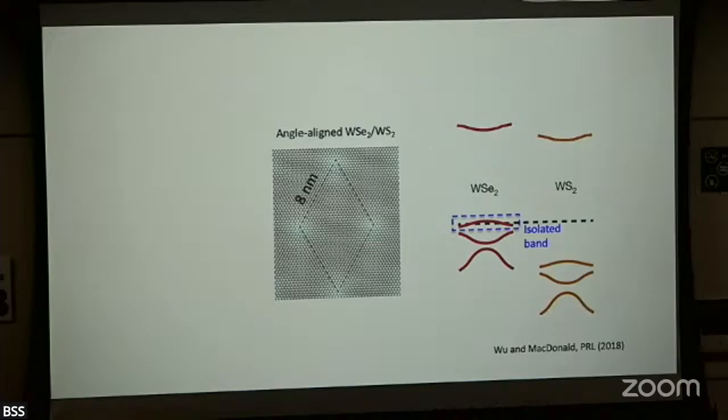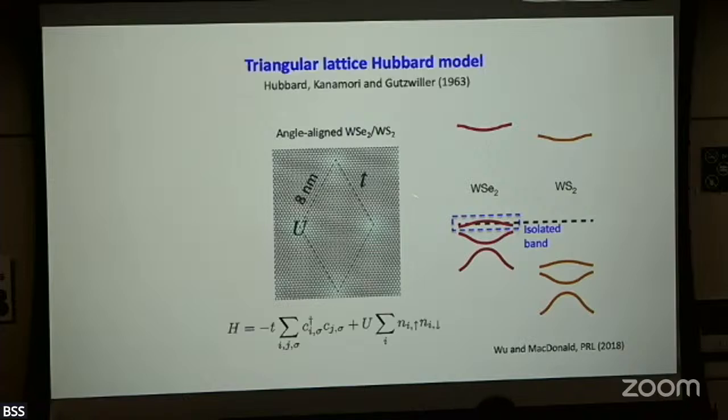So if you have an isolated band, this problem can be projected to a triangular lattice Hubbard model. We can write down a Hamiltonian with just two terms. One is hopping between nearest neighbor sites with hopping amplitude t.